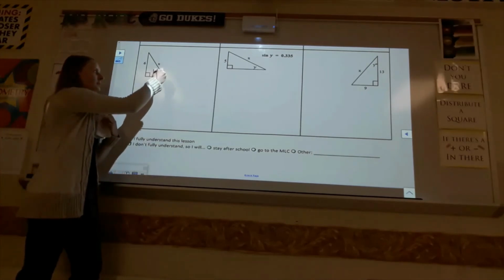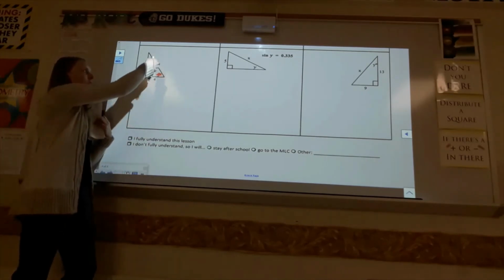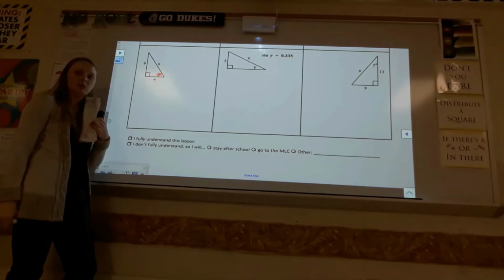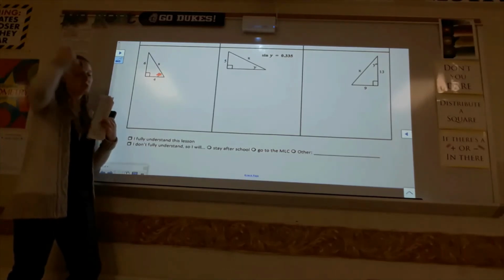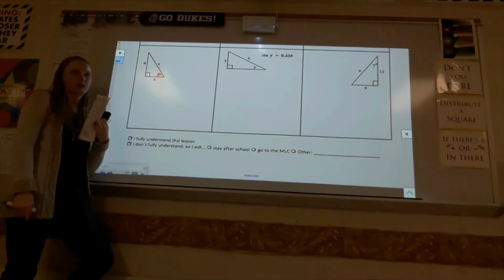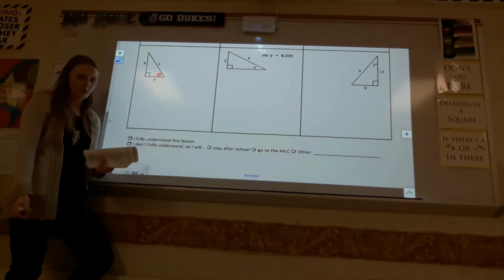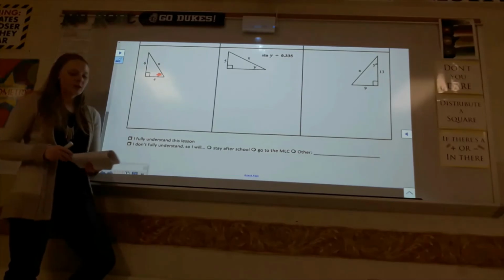Hopefully, without this here, you guys should notice that you have two of the three sides labeled and you're just finding the third one. That's Pythagorean theorem. So I put this here so you guys can see trigonometry is not the solution to every single question. If you guys can use Pythagorean theorem and that's most appropriate, then use Pythagorean theorem.